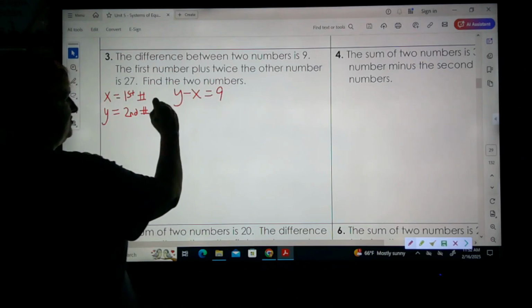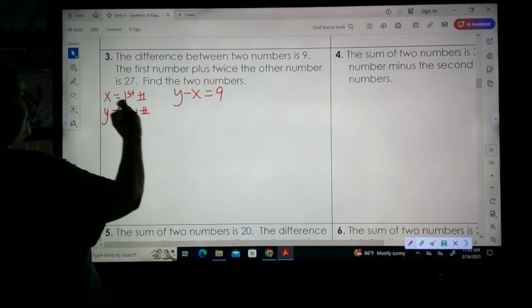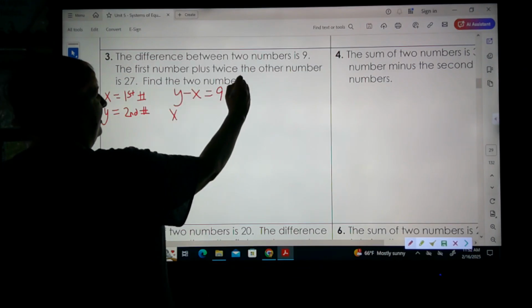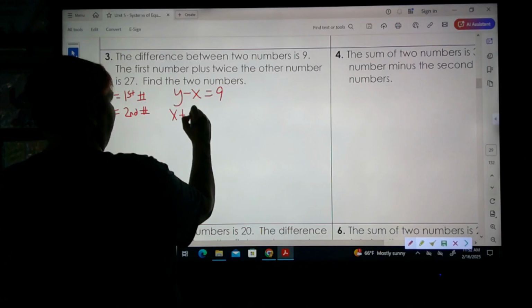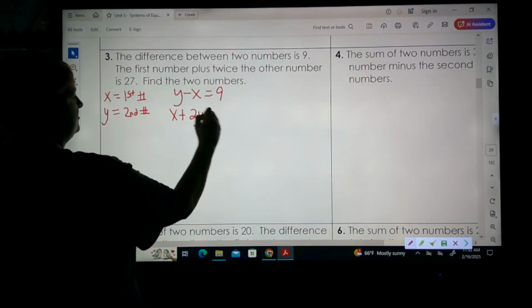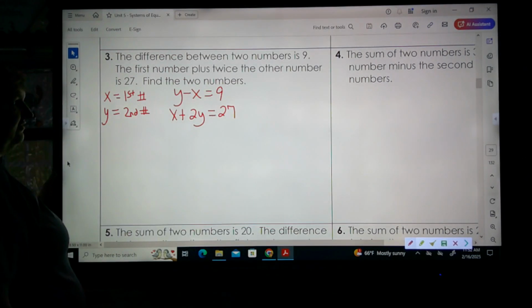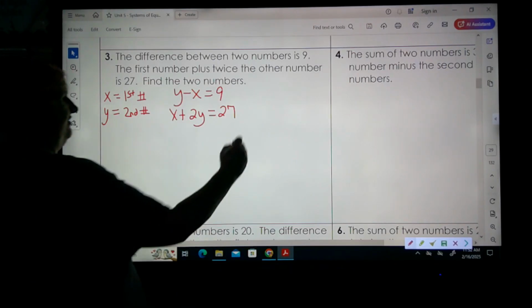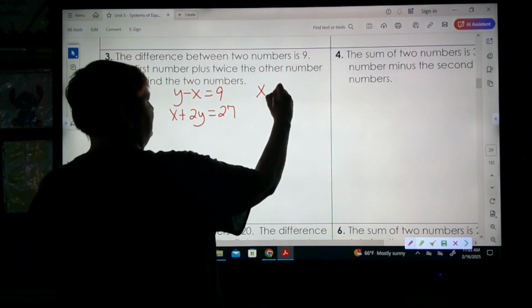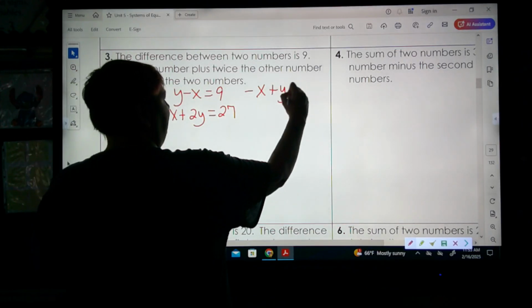The difference between the two is 9. The first number plus twice the other number is 27. Now let's see if that makes sense. Rearrange it. So it's going to be negative x plus y equals 9.